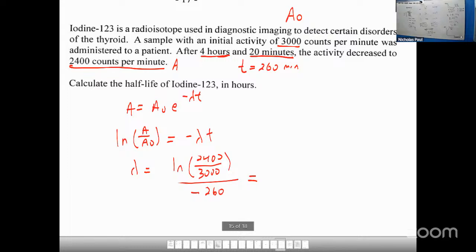How much did you all get, in minutes, using this value here? I got 8.58 by 10 to the minus 4, per minute.